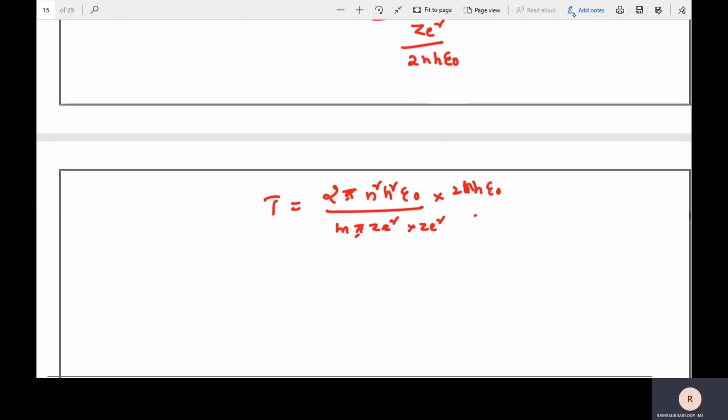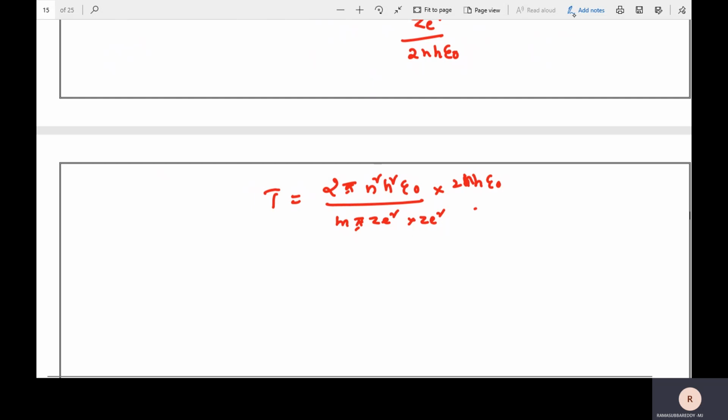The remaining will be there as it is. So this will be written as T is equal to 2 into 2, 4 n cube h cube epsilon naught square by m Z square e to the power of 4.